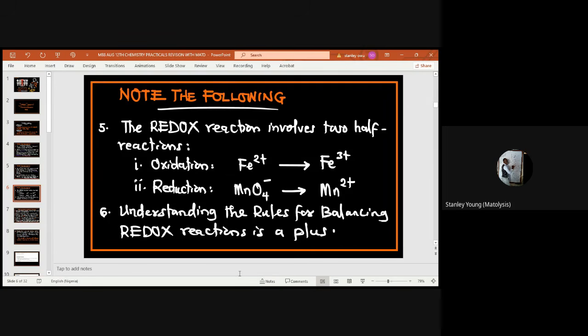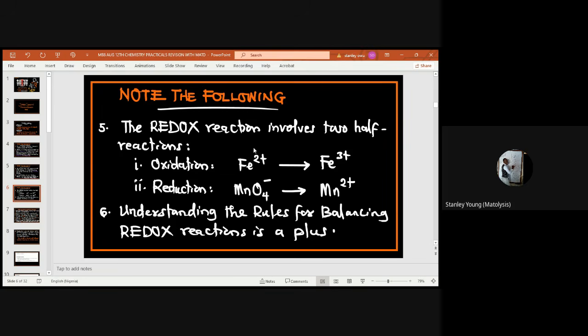Five, the redox reaction involves two half reactions. One is oxidation, the other is reduction. The oxidation part is Fe2+ increasing toward Fe3+, while the reduction part involves MnO4-, which is the permanganate ion, transforming towards Mn2+.